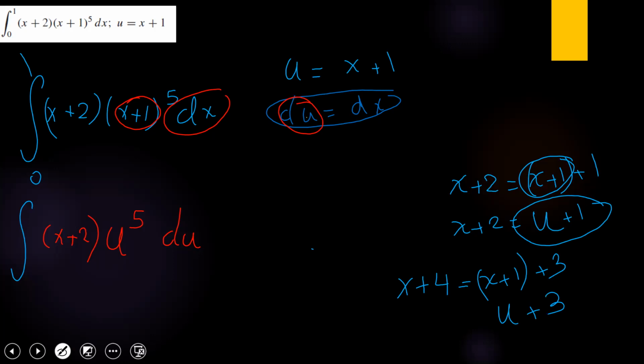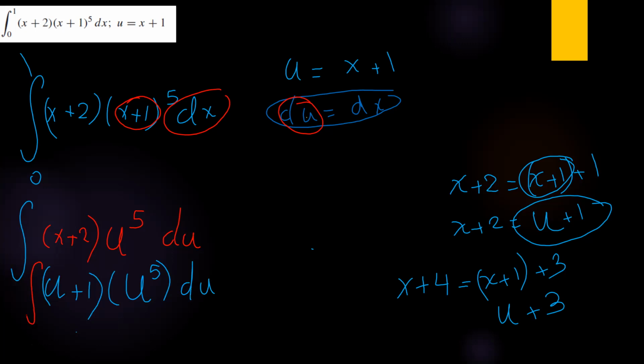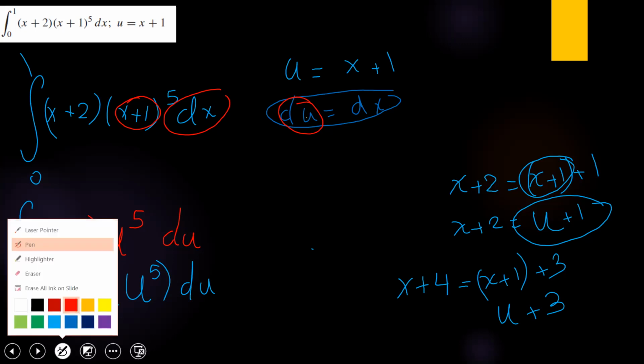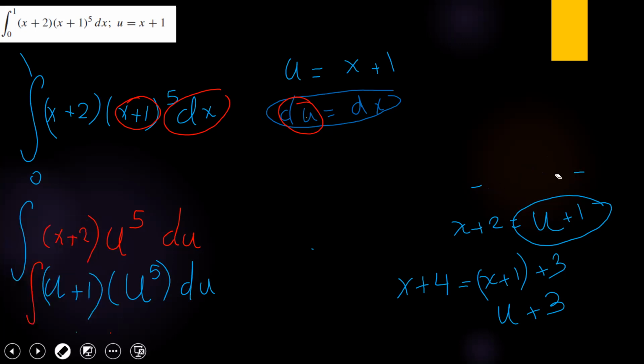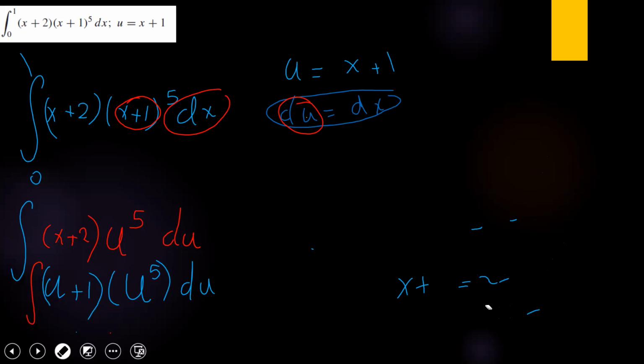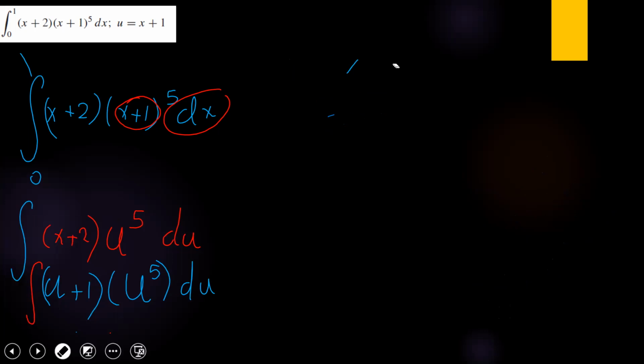So x plus 2 can be written as u plus 1 times u to the power 5 du. Then we have u plus 1 times u to the power 5. I want now to integrate it. It is easier than the complicated one before. So here now I convert it from a complicated to a simplest one.